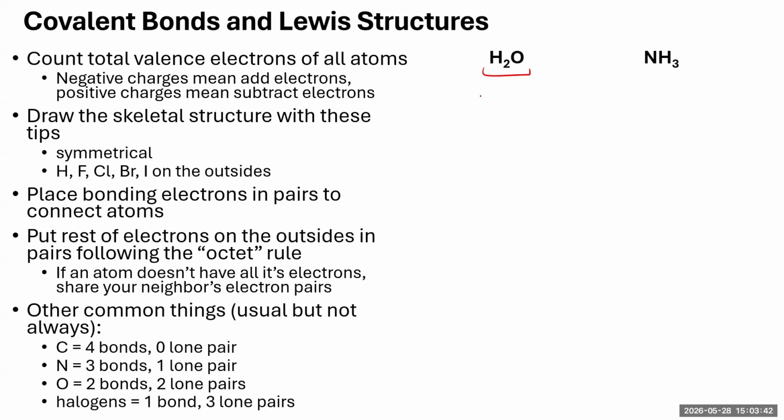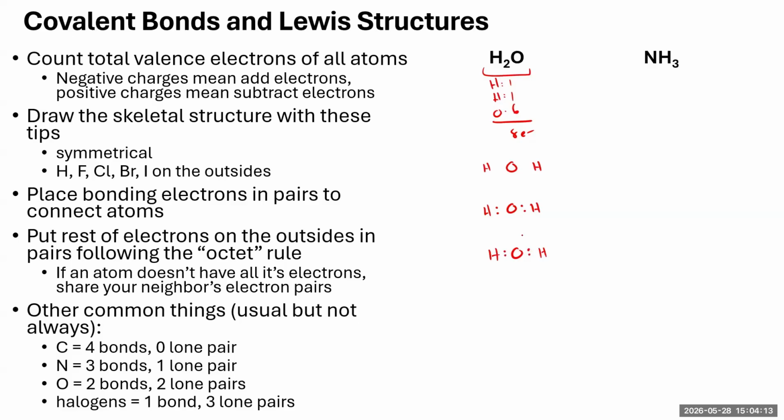These are pretty common molecules, especially in chemistry. H, H. Oh, this is water, H2O, 1, 1, and 6. We have 8 electrons total. Now, draw it symmetrically. H has to be on the outside. We're going to place the bonding electrons first, 1, 2, 3, 4, and then everything else.